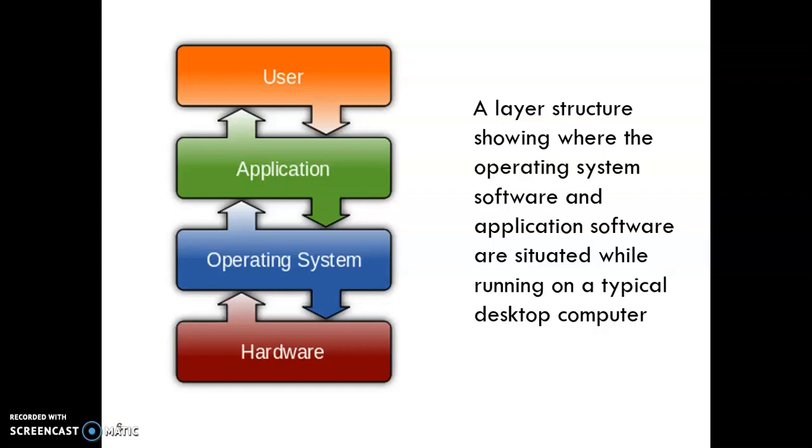Then, when the user wants to print, the user will click the print button. And then the system software will give an instruction to the printer hardware to print according to the user request. That's how this layer works: the user will request any software, either an application, and then the OS will run the application and give the response to the user to run that application.